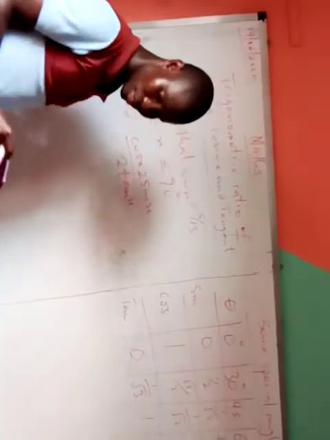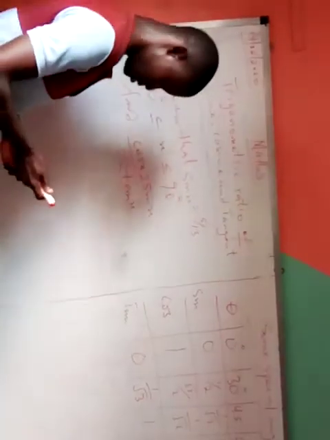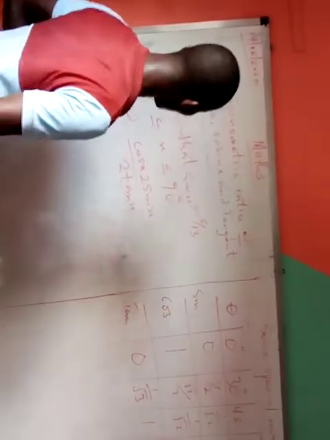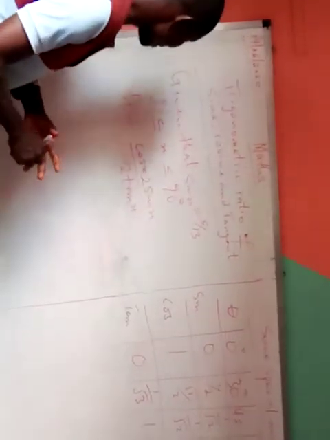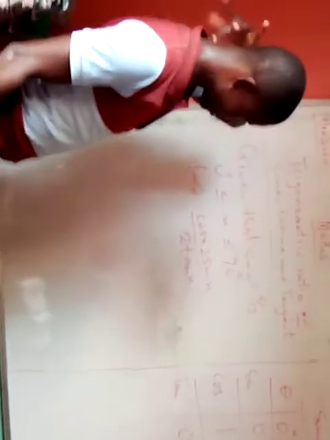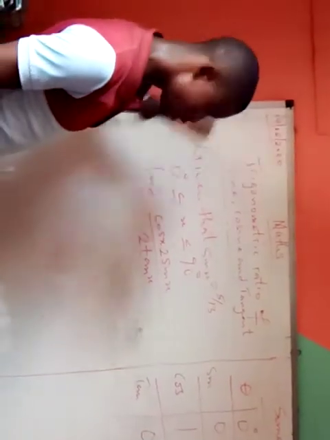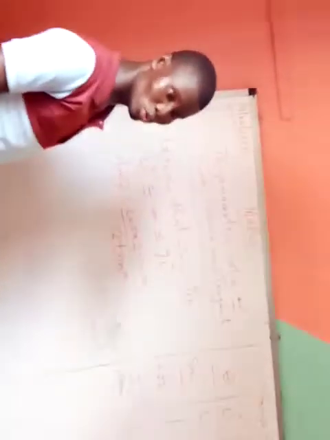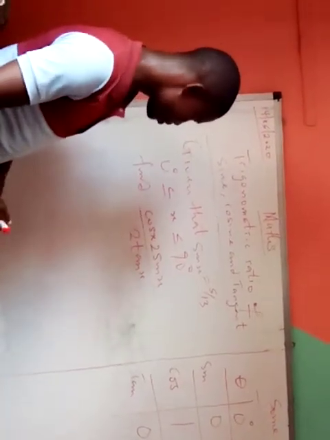This is a WAEC question. I extracted this question from WAEC past questions. So you are given that sine x is equal to 5/13, 0 degree less than or equal to x less than or equal to 90 degree. Let's go.